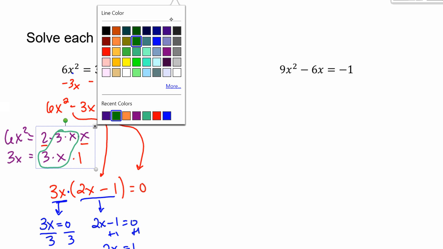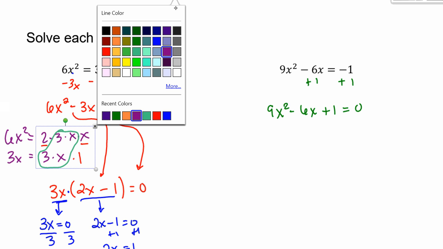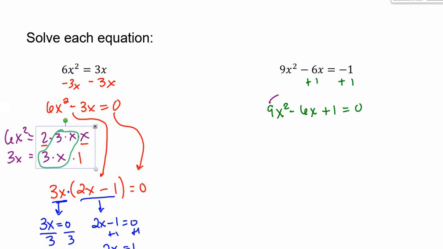I've got to set it equal to 0 again, so I got to get rid of the 1. It gives me 9x squared minus 6x plus 1 equals 0. Okay, I got a 9 out front. I can't divide by that and get rid of it, so I'm just going to have to deal with it. For the cloud method, we would take this 9 and that 1 and multiply them together.